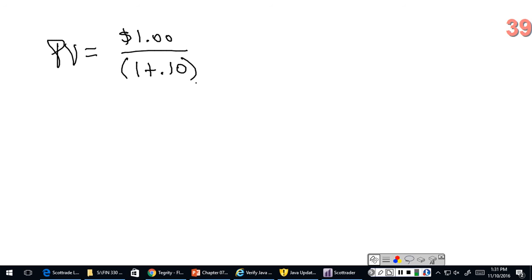Now this would be the present value. If this were the present value for the first year, we would simply raise that to the first power. Somebody do the math on that. What is $1 divided by 1.1?